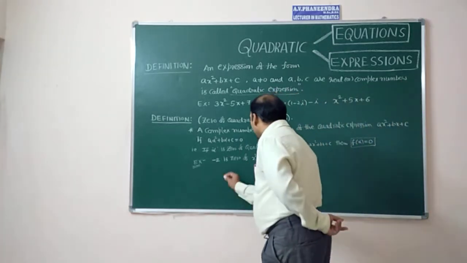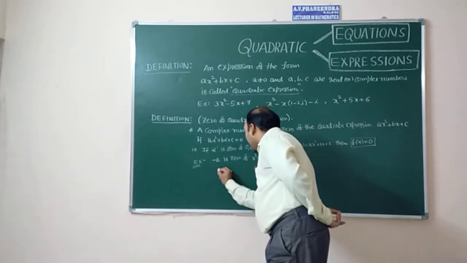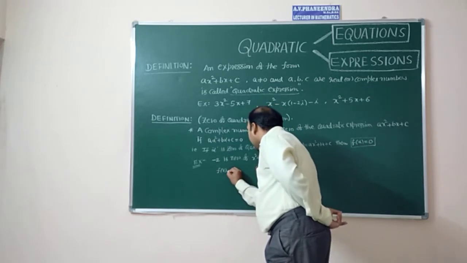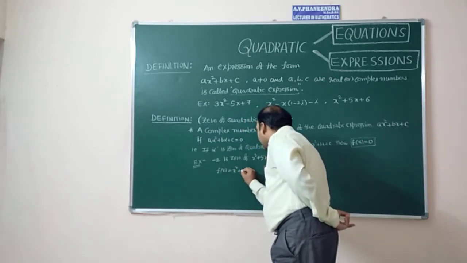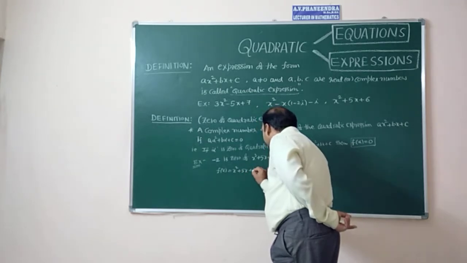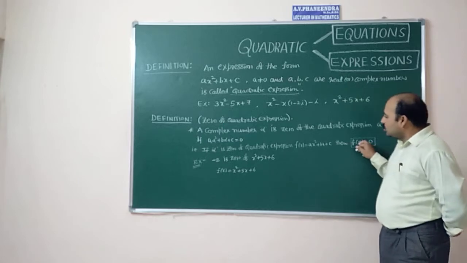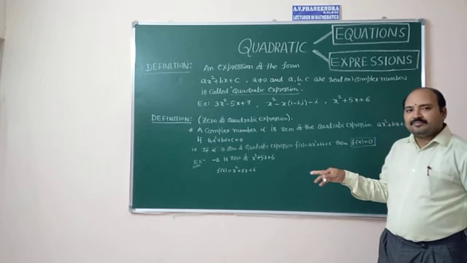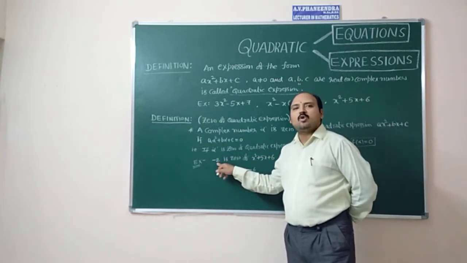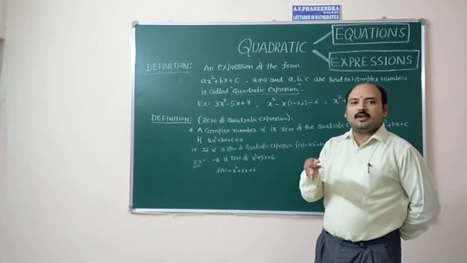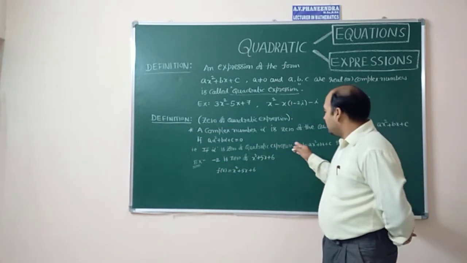I am assuming that f of x equals x square plus 5x plus 6. If f of minus 2 equal to 0, then minus 2 is called the root, the zero of the quadratic expression.